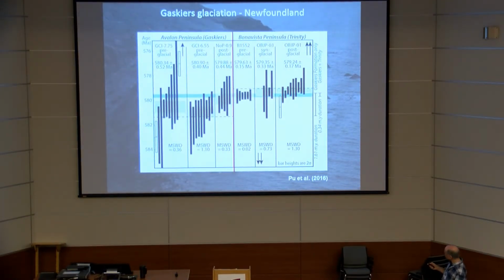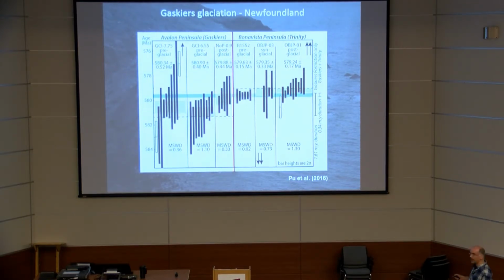These are the data. To the right are from the Bonavista Peninsula, to the left from the Avalon. If you just consider the Avalon Gaskiers data, it permits a total duration of about 1.6 million years for the Gaskiers glaciation.